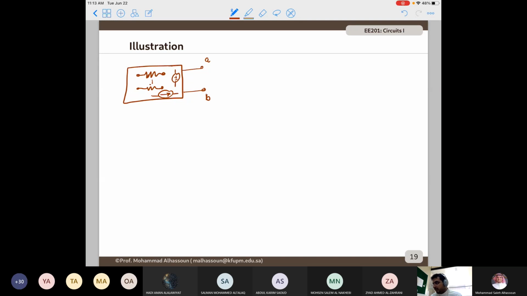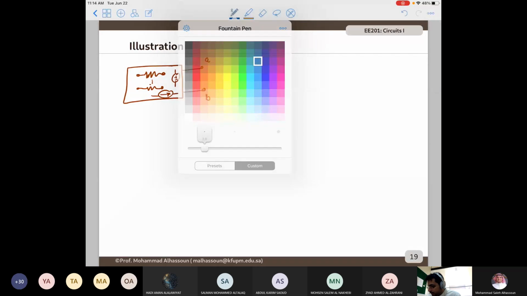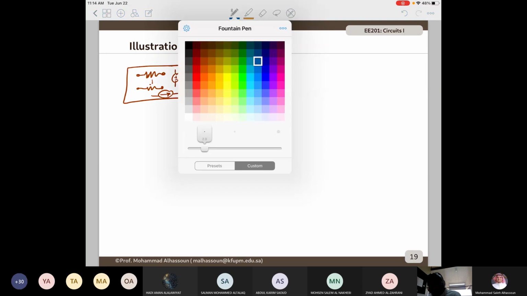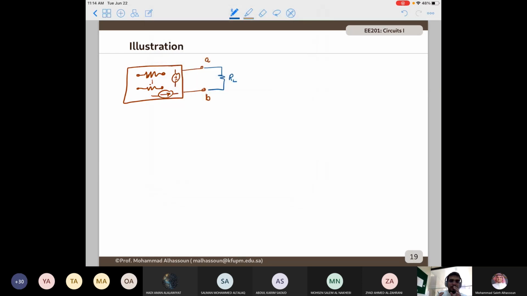So what should you do? The first thing is, if this is your device, you can represent your device with a load. If you want to find the simple representation of this circuit, the first thing you need to do is disconnect this load.